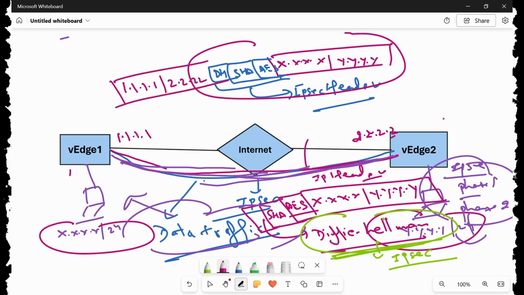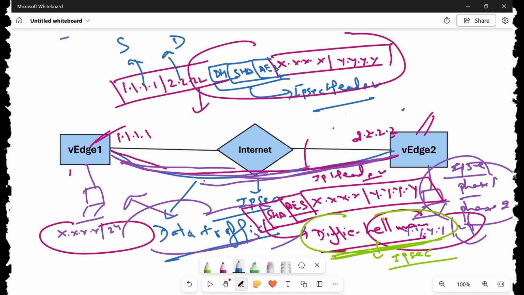So the inner packet is encapsulated, and on the internet everybody will see the outer packet. The packet will go from this source towards this destination. The internet will see only this as a source and this as a destination. It will not see the inner packet.